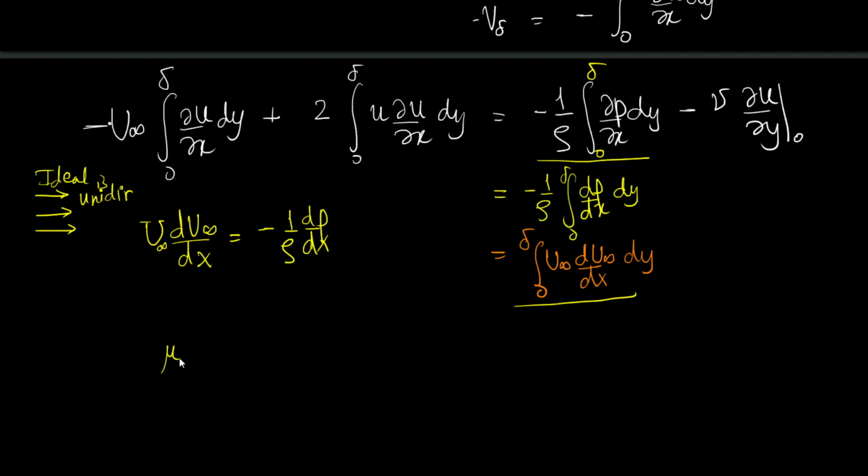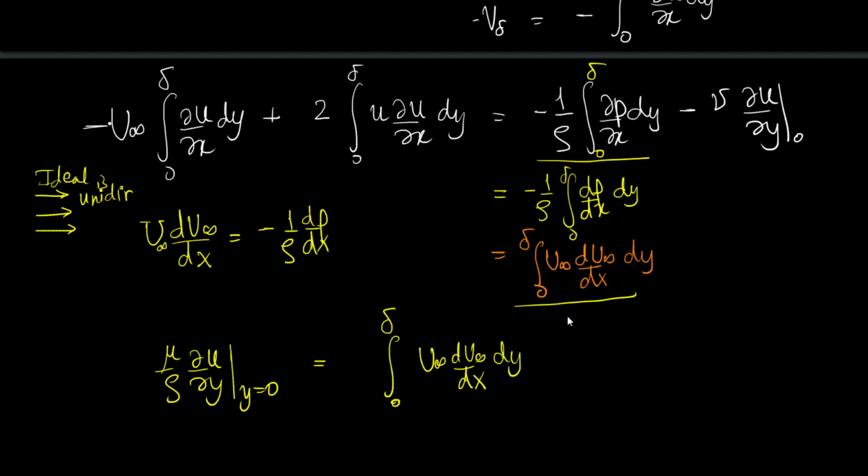So we have mu by rho del u del y at y equal to 0 is equal to integral 0 to delta u infinity du infinity dx dy, this term, plus integral of u infinity del u del x dy minus twice integral u del u del x dy, 0 to delta.